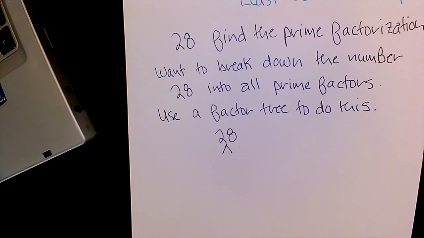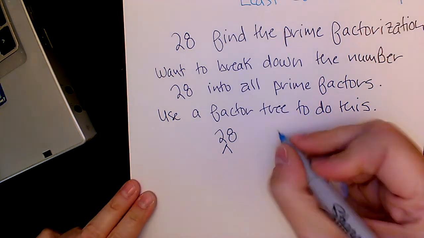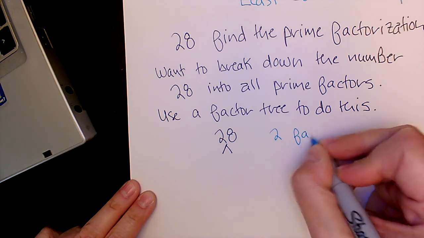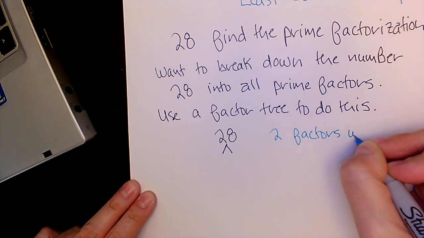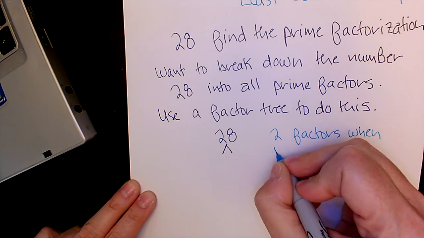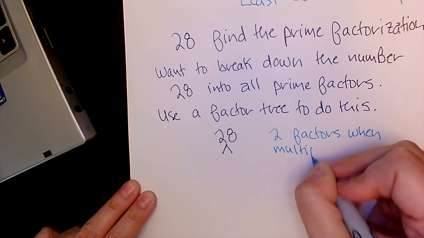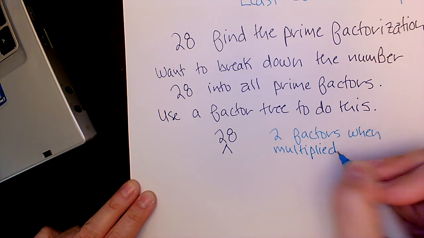And we want two numbers that when you multiply them together will get you to 28. Two factors, when they're multiplied, will get you to 28.